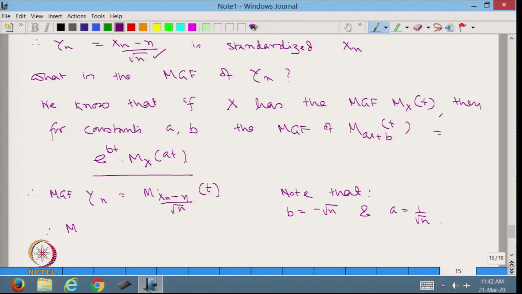Therefore, the MGF of Y_n is equal to e to the power minus t root n into the MGF of X_n at t upon root n.